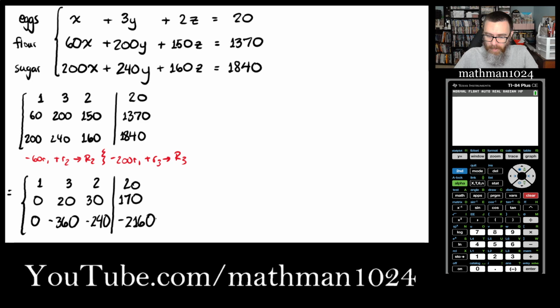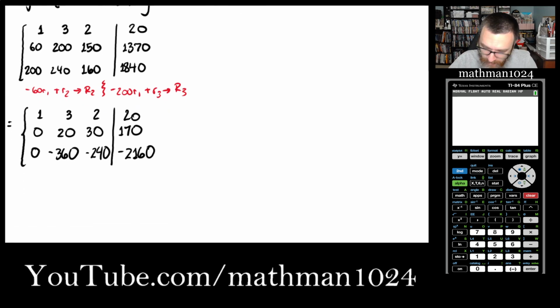Okay. Now, I'm not happy with some of the numbers that I have here. I'm sure you guys are totally shocked at that. So here's what I'm going to do. I know that for this second row, I have to do row 2 divided by 20 and replace row 2 with that.